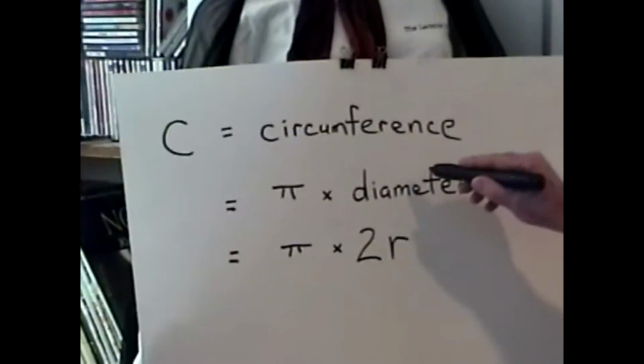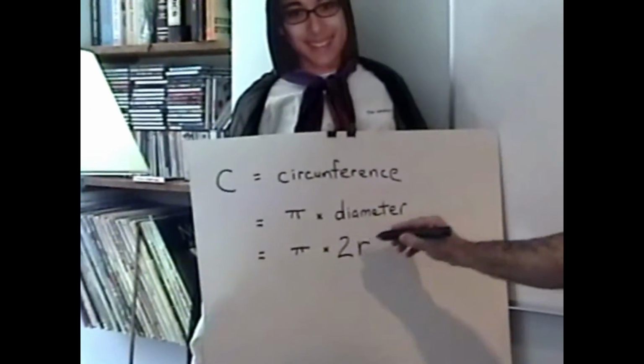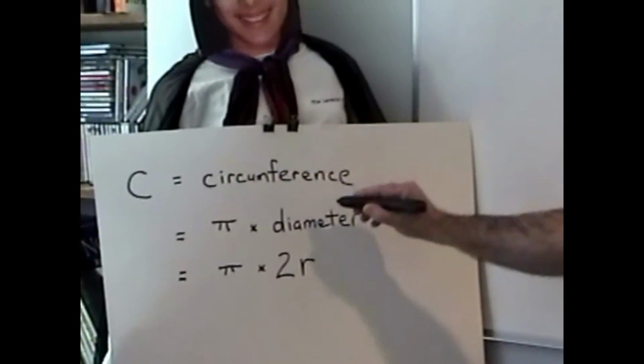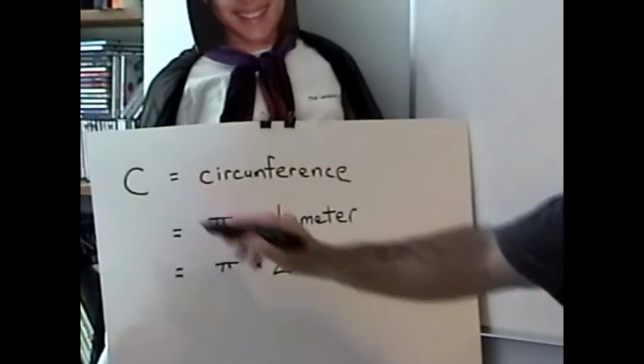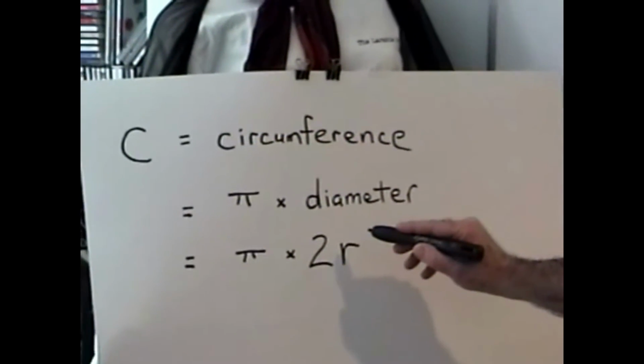And the diameter is equal to 2 times the radius of the circle, because the radius goes just halfway across from the middle to the circle itself, and the diameter is twice that long. So we have C, the circumference, is equal to pi times 2r.